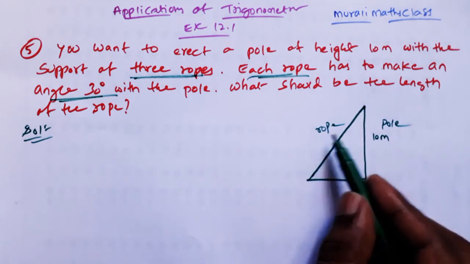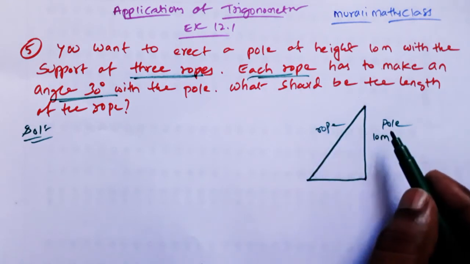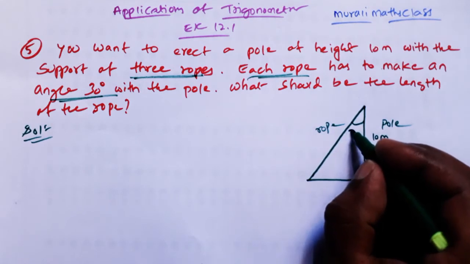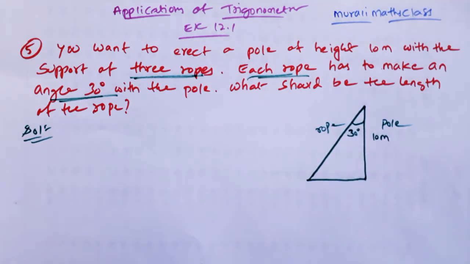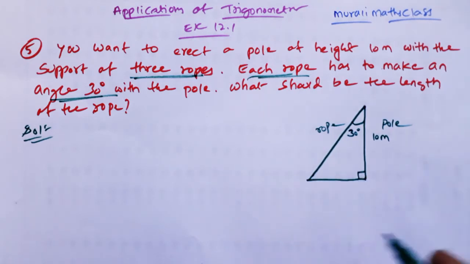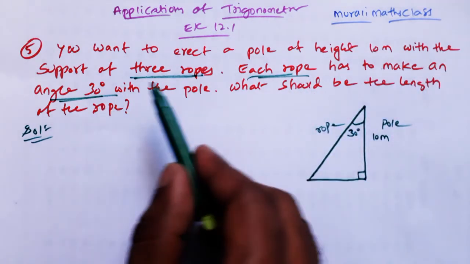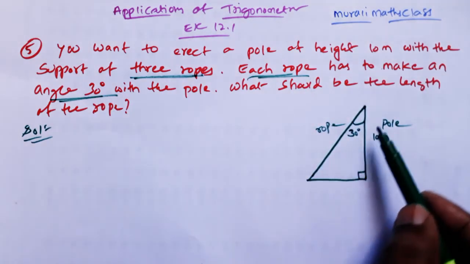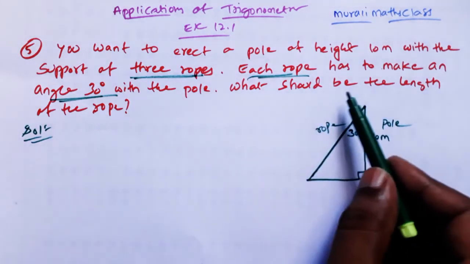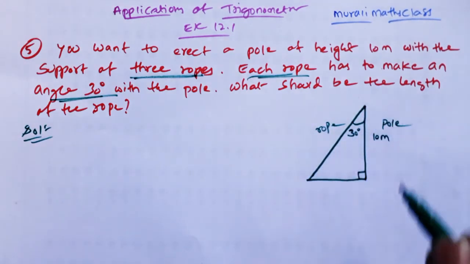The angle here will be 30 degrees. This is very important. Don't mark here, this is 90 degrees. So in between rope and pole, the angle should be 30 degrees. That is the meaning. What should be the length of the rope? This rope length we need to find.